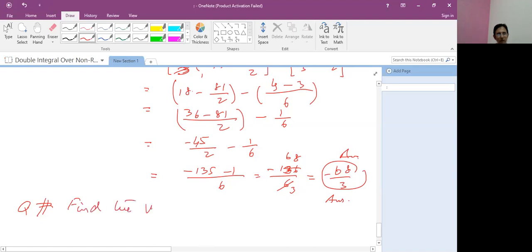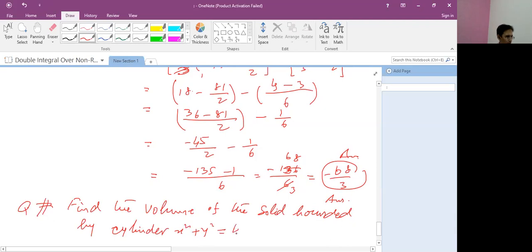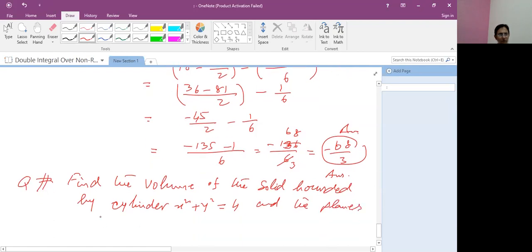Find the volume of the solid bounded by the cylinder x square plus y square equals 4 and the planes y plus z equals 4 and z equals 0.